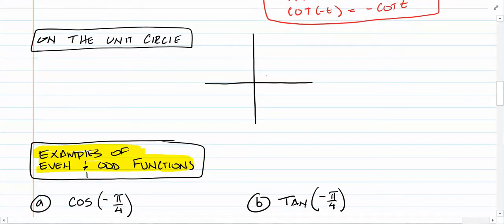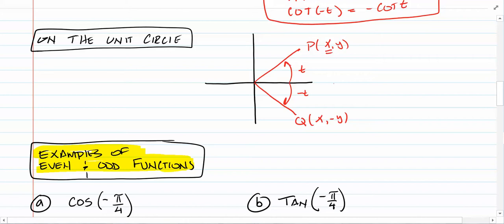Take, for example, let's say you have a point over here. We'll call that point x comma y, and we have an angle t. Well, if we take the angle negative t, which would be this direction here, we would get a point q. If this is x comma y, then this would have to be x comma negative y.